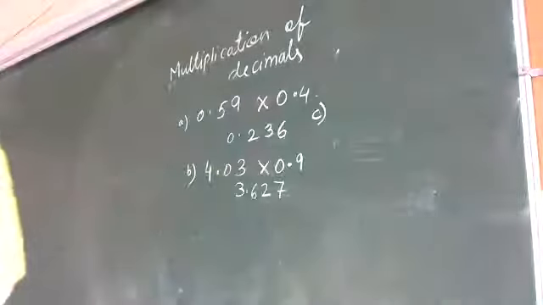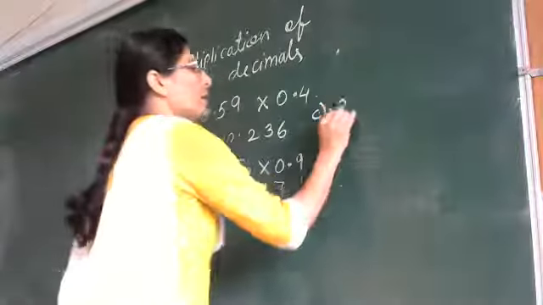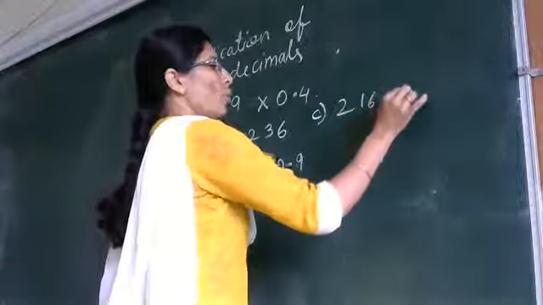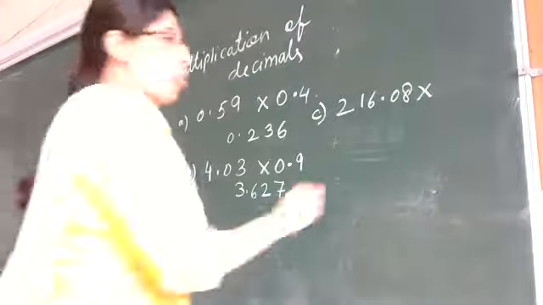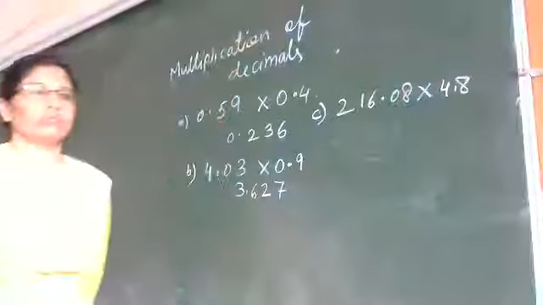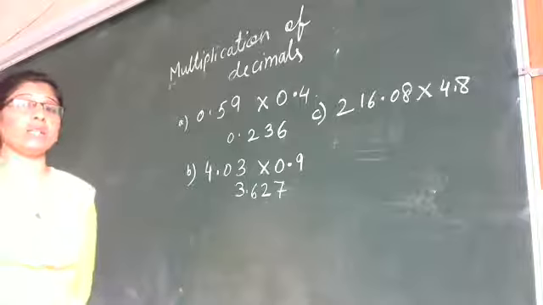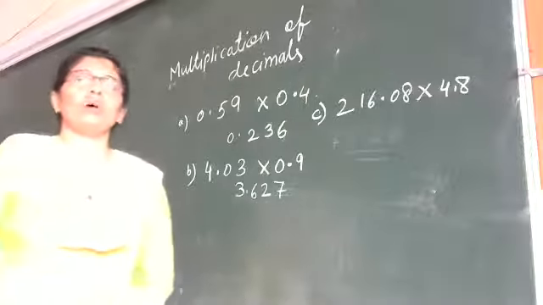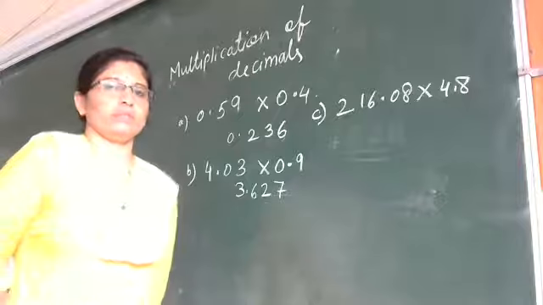I will give one more example. 216.08 multiplied with 4.8. This will take time, so don't tell the direct answer. Don't use any gadget.